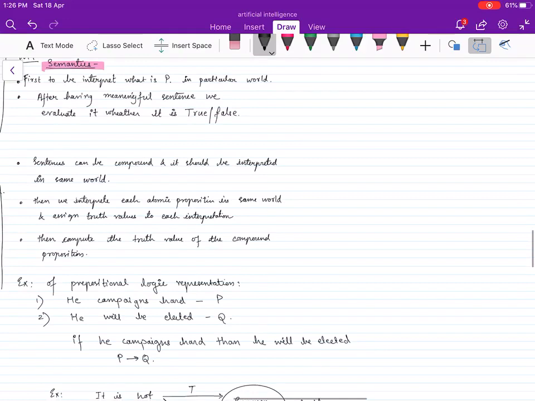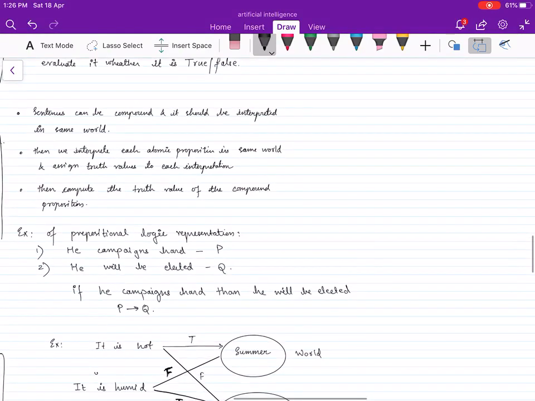For example, we can represent a propositional logic statement like this: he campaigns hard can be represented as a statement P, and he will be elected is Q. So if he campaigns hard, then he will be elected.